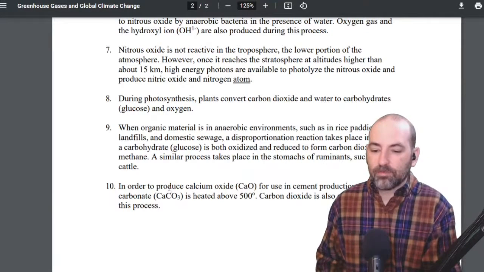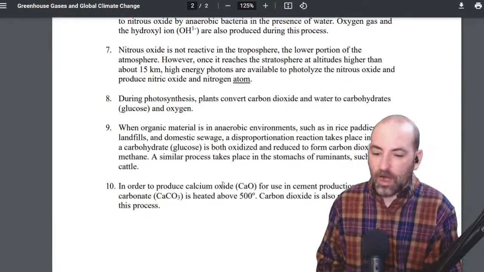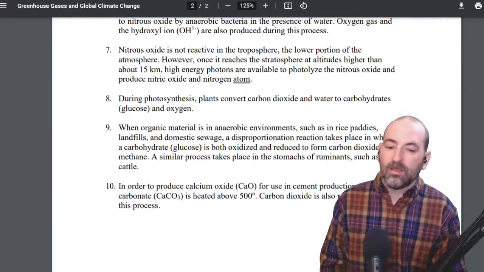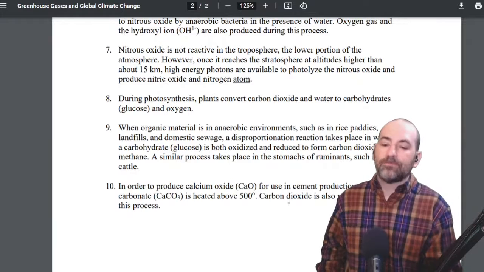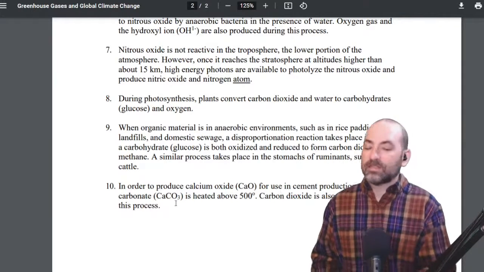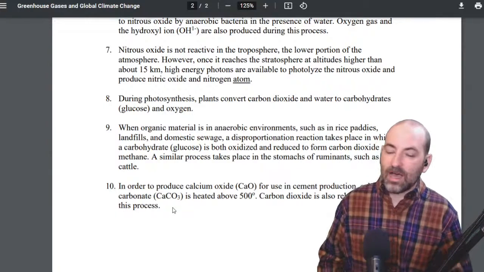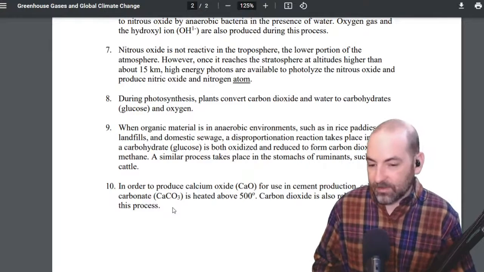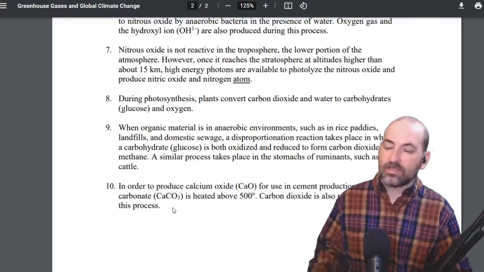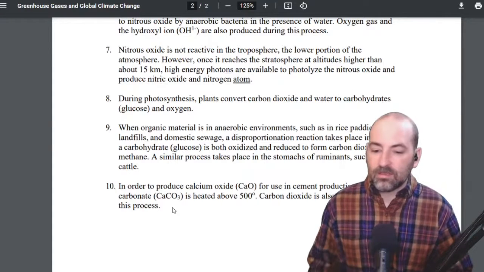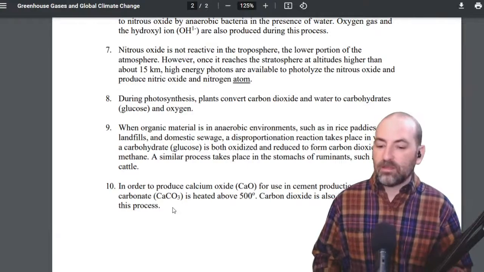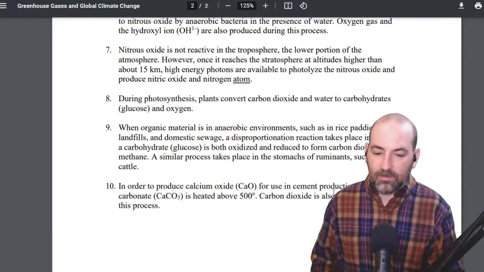So in this case, the producing is given first. So our product is calcium oxide, and the reactant is the thing that something's happening to and is heated. You'll notice in this one that it doesn't say it reacts with anything because it's not reacting with anything. The only reactant is calcium carbonate for this example, and then there are two products, calcium oxide and carbon dioxide.